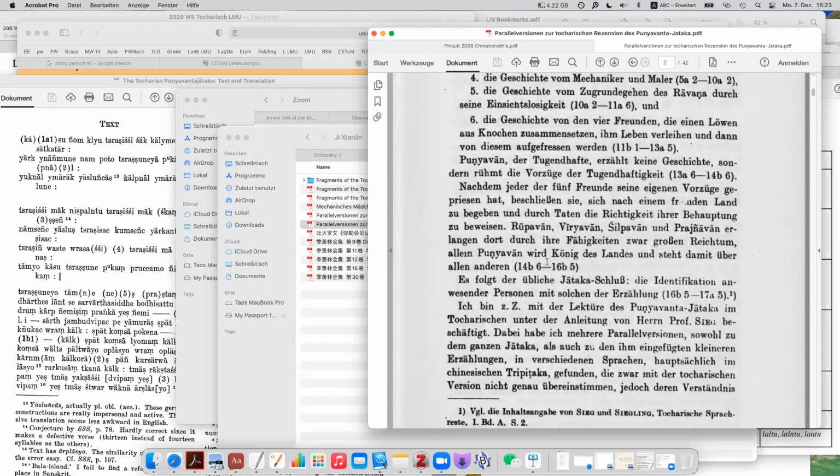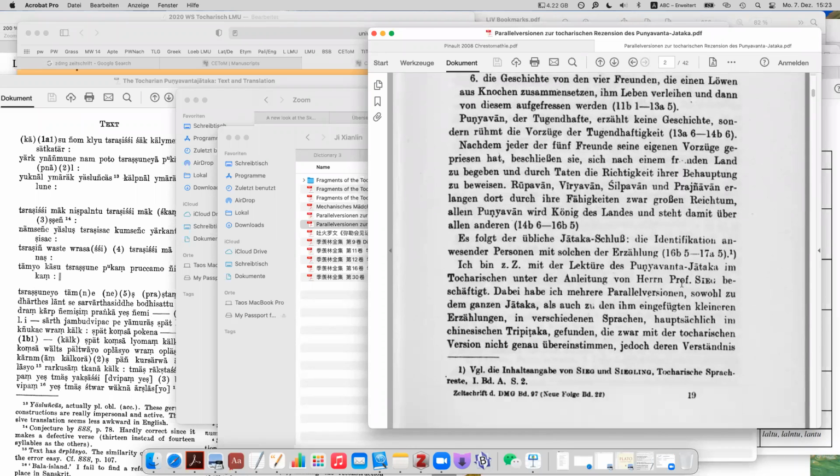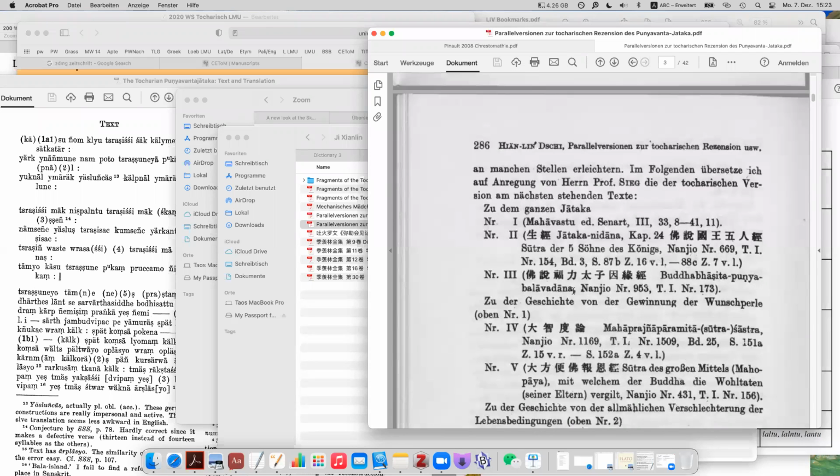Yeah, so punya is even better than wisdom. Okay, and then comes the typical Jataka ending, the identification of the different figures. So of course Punyavan must be Buddha. Buddha tells the story to praise virtue, punya. Okay, so this is basically the content of the Tocharian version.